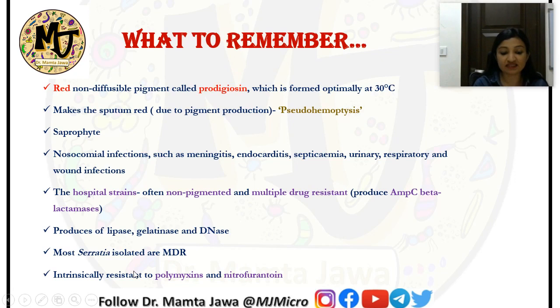And do keep in mind that this organism shows intrinsic resistance to polymyxins and nitrofurantoin. Now, this is a very important point because nitrofurantoin is a very common drug for UTI, so you cannot go for nitrofurantoin in case of those patients who are suffering from UTI because of this organism.